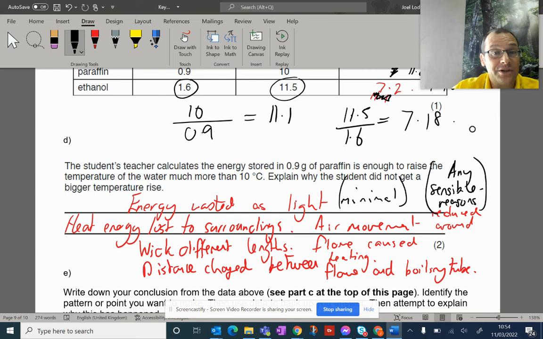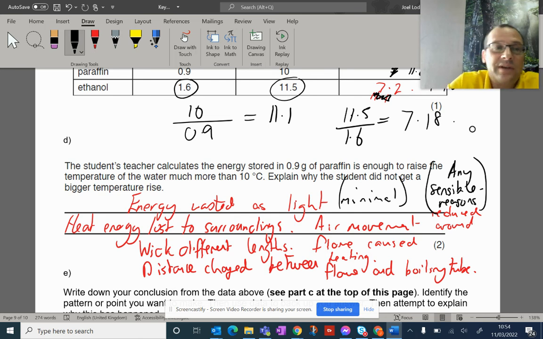Some heat energy is lost to surroundings. That could be for a variety of reasons. The wick lengths were different. The distance was changed between the flame and the boiling tube. Air movement or wind caused the flame to move, so it wasn't heating the boiling tube directly.